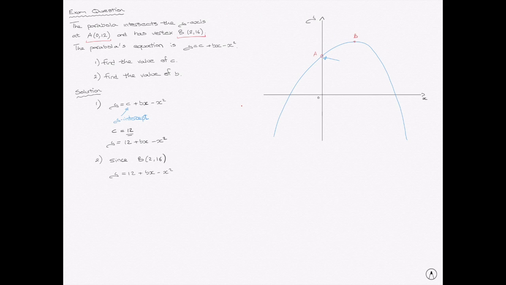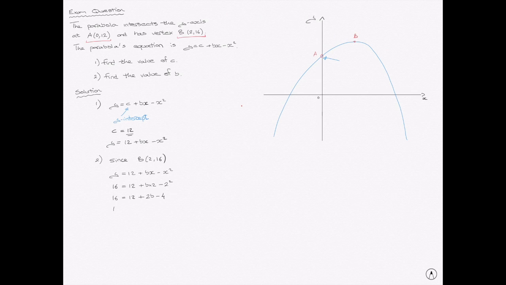So let's go ahead and do that. I replace x by 2 and y by 16. So that would be 16 equals 12 plus b times 2 minus 2 squared. That leads us to 16 equals 12 plus 2b minus 4.